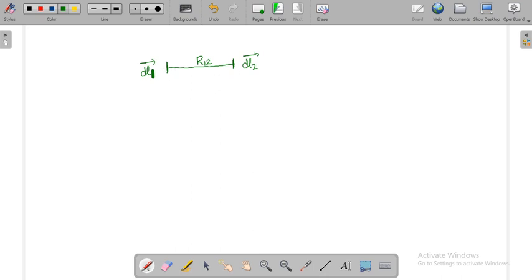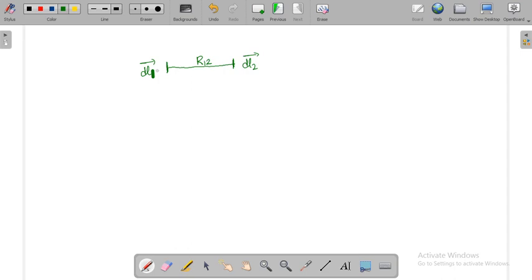When we move from 1 to 2 it will become r12 bar, when we move from 2 to 1 it becomes r21 bar. Both are in the same magnitude but different direction. That's why I am just writing only the magnitude of distance between the two differential elements.